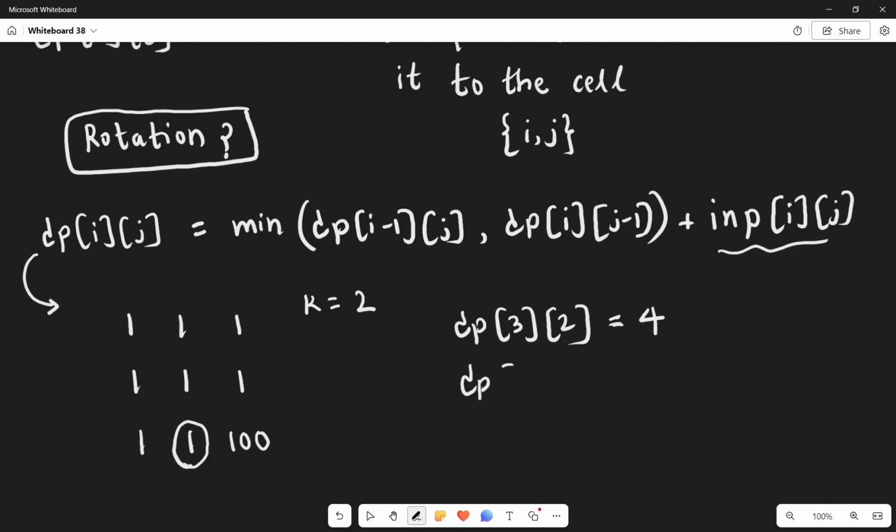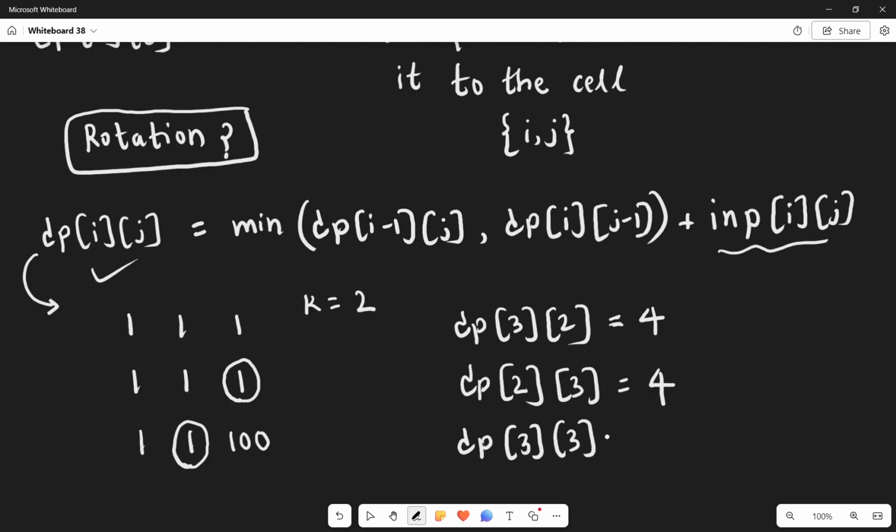And similarly dp of 2 comma 3, the minimum cost required to reach this cell, is also 4. But if you calculate dp of 3 comma 3 by this formula, then you basically get 104, right?